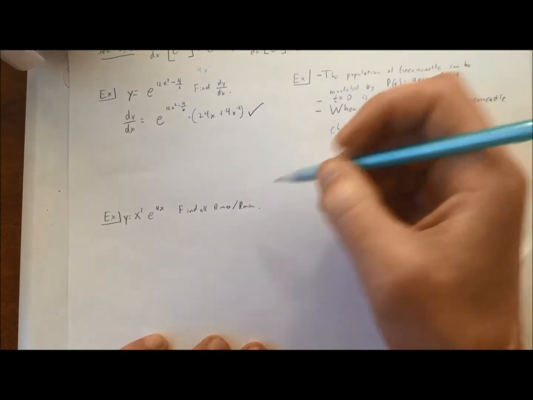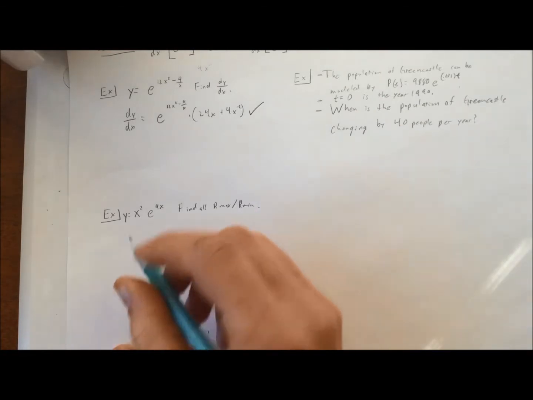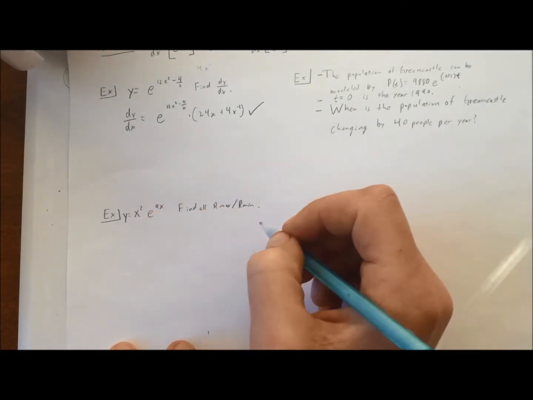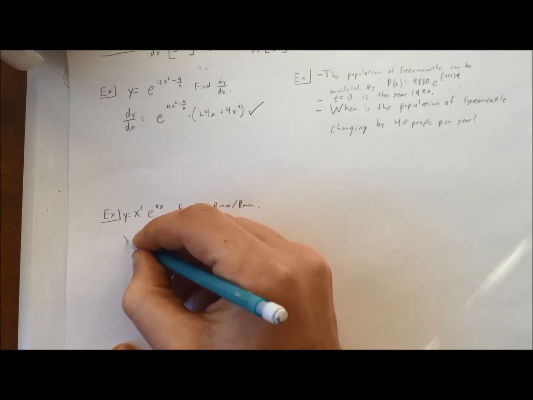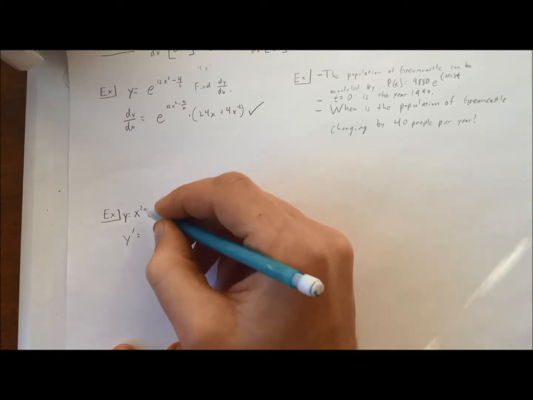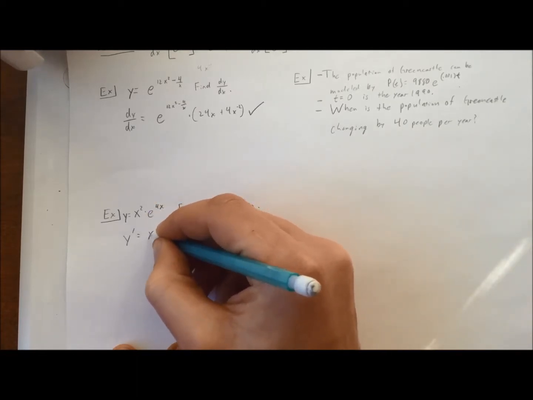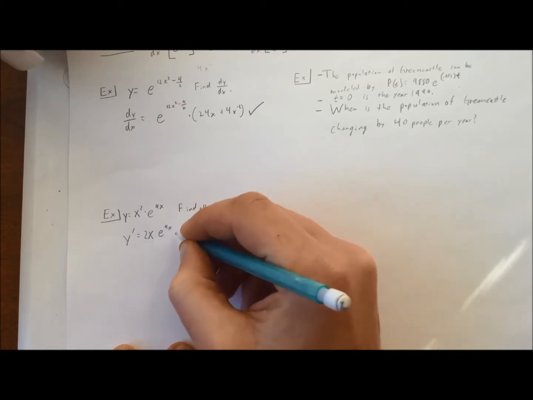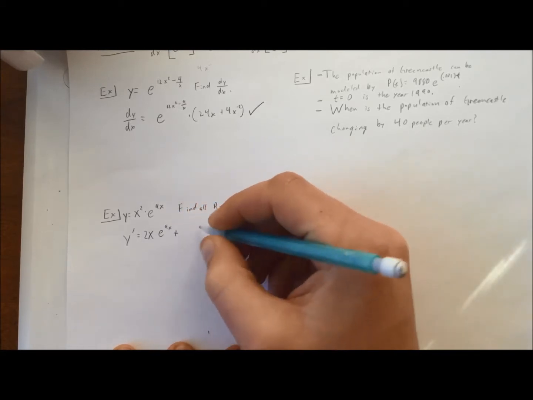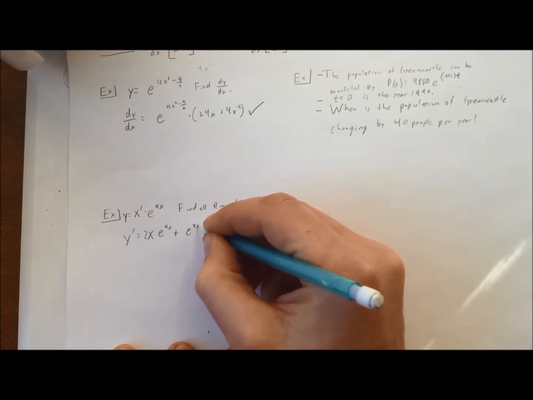For the next problem here, find all relative maximums or relative minimums, all relative extrema. Well, to find any relative extrema, I'm going to derive this. Y prime is equal to, well, I got to use the product rule here. So derivative of the first times the second plus the derivative of the second, derivative of e to the 4x is going to be e to the 4x.